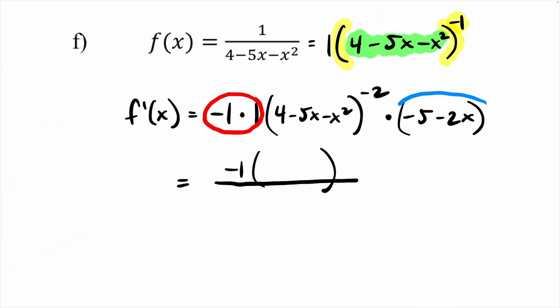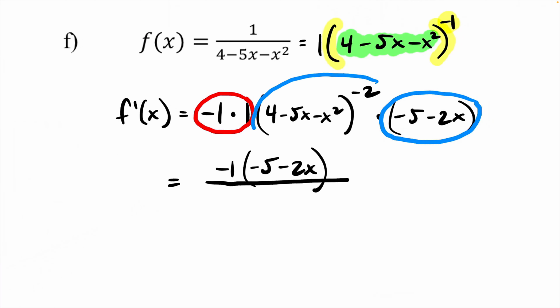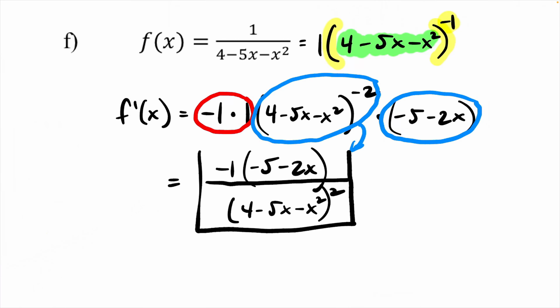This guy can stay up with -1, -5 minus 2x. The other guy has to move down because it has a negative power: 4 minus 5x minus x squared, squared. You can distribute the negative if you want, the -1 on top, or you can leave it like that.